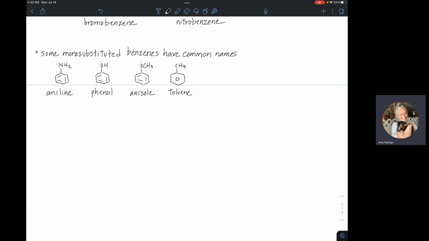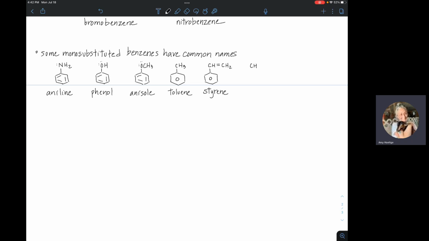What else can we draw for you? Could draw what you might want to call vinyl benzene. This is styrene. That's the common name. I'm sure you've heard of polystyrene, right? We can polymerize this. We end up with polystyrene.